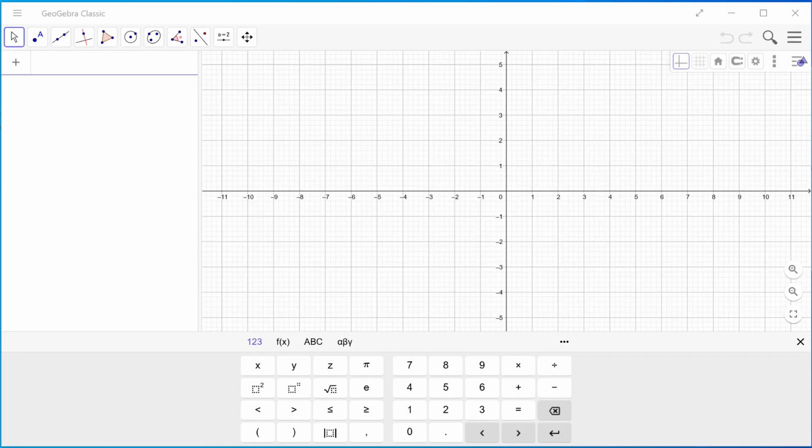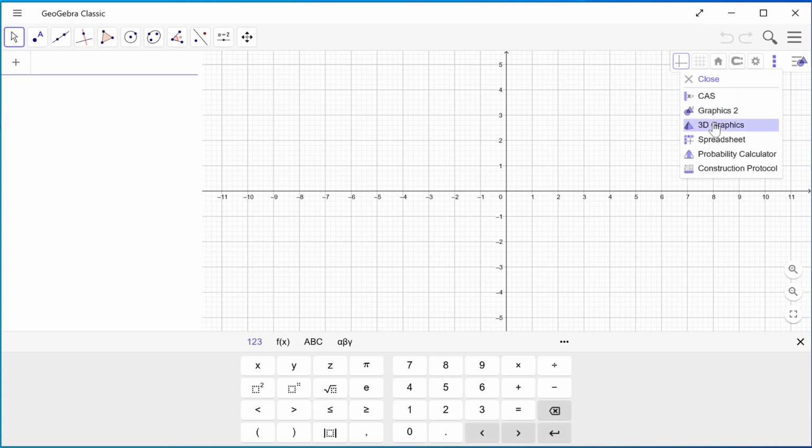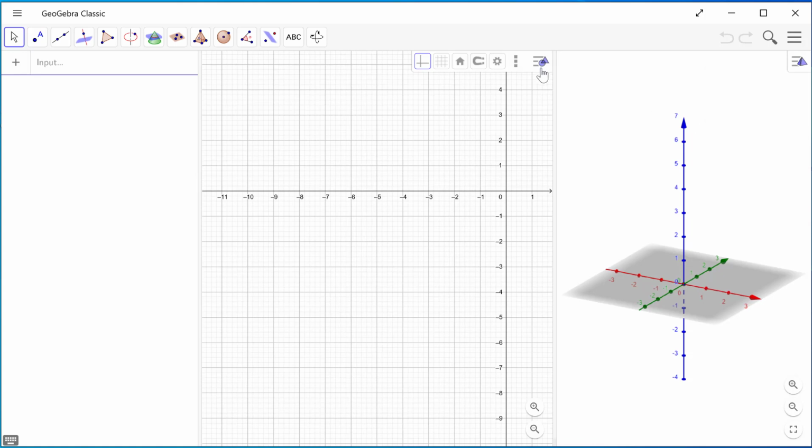Let's graph the plane we got using GeoGebra, just so that we have an idea how it looks. So I open GeoGebra and then we go to this symbol here and then to the 3 dots and we choose 3D graphics. And I'm going to close these 2 graphics.